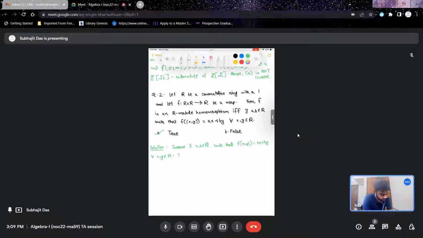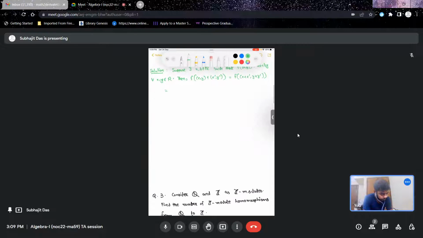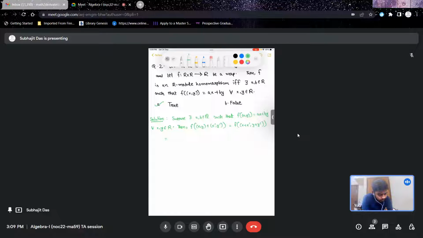So then f of xy plus x prime y prime is just f of x plus x prime comma y plus y prime, the usual group structure on R cross R, which is equal to a into x plus x prime plus b into y plus y prime, right?